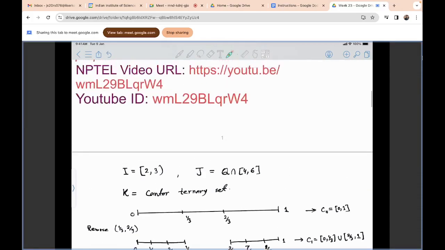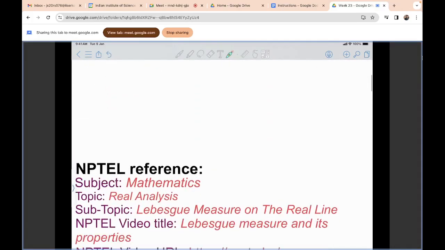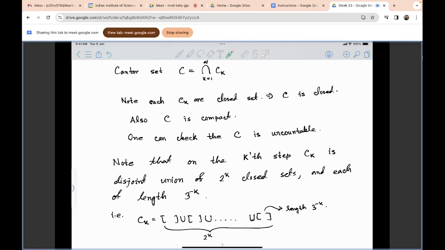Now, what we need is to find the measure of this Cantor set. First note the k-th stage, C_k; I have already mentioned the pattern.